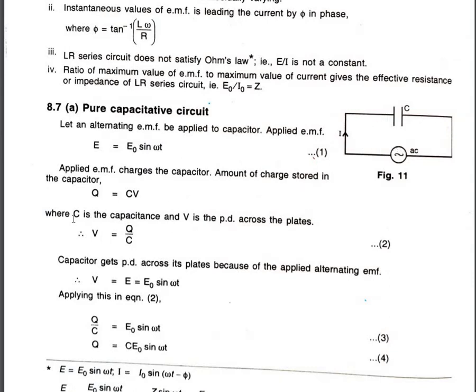The charge accumulated in the capacitor is given by Q is equal to C into V. So V is equal to Q by C. We know that V is equal to E0 sin omega t, that is the applied voltage. The potential developed is equal to this voltage, so that is equal to E0 sin omega t. What is Q by C? That is nothing but V. So Q by C is equal to E0 sin omega t. And Q is given by C E0 sin omega t.